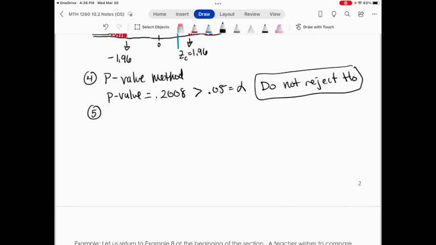Step 5, we have to write our conclusion. So we're going to say, since we're not rejecting the null hypothesis, there isn't enough evidence to reject it.